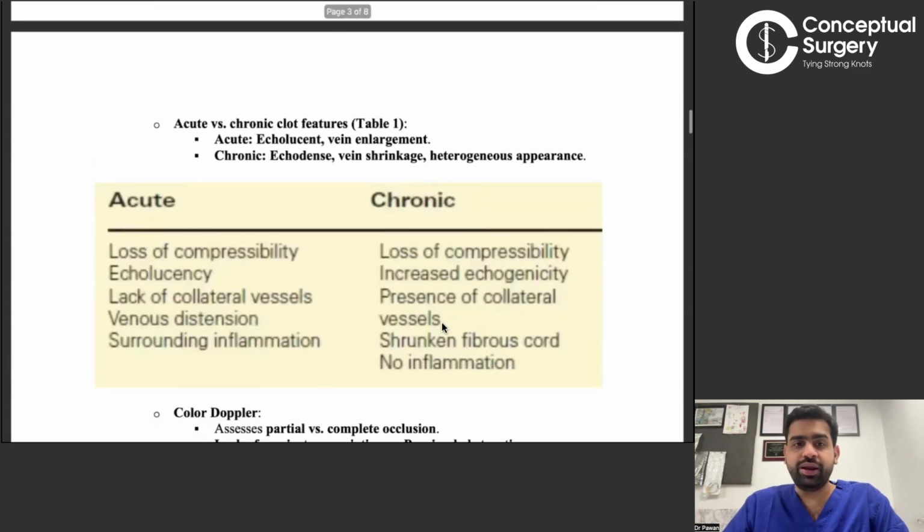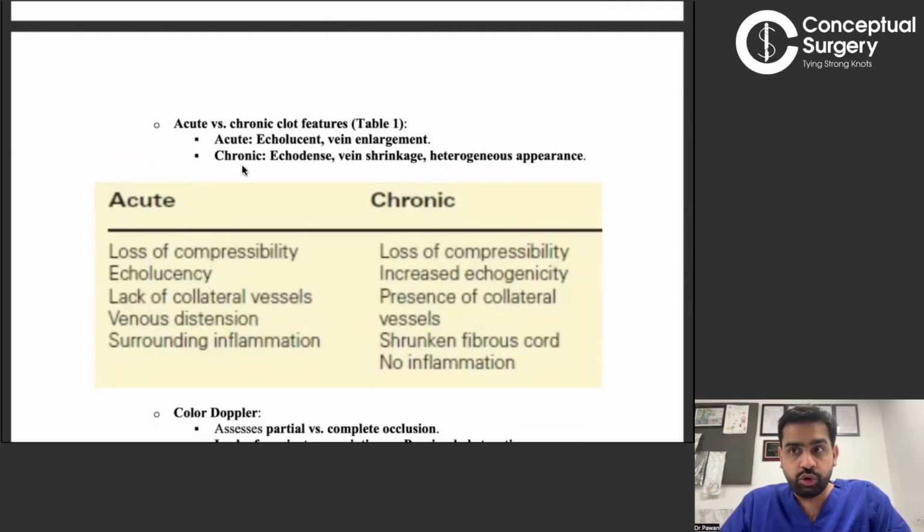Understood? Right. Now, acute versus chronic clot features. When you look on the ultrasound, there's a difference between an acute clot and a chronic clot. The acute clot is echolucent and the vein is enlarged.